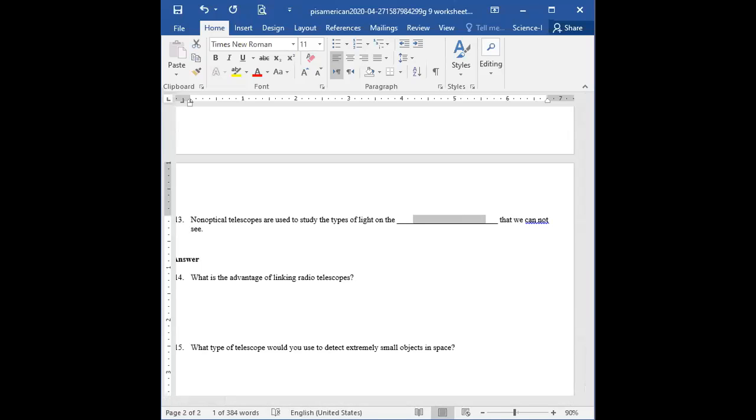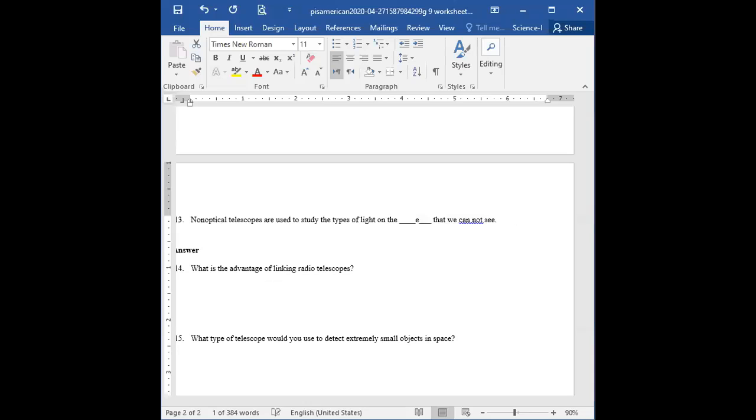X-ray. Just X-ray. There are also others. So what do we call all these radiations? Electromagnetic radiations. Yes, good. Electromagnetic radiations, good.